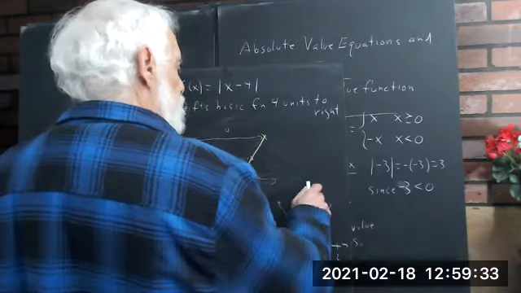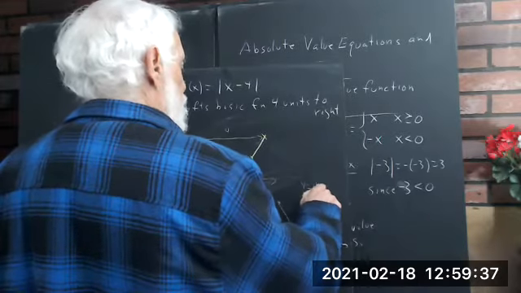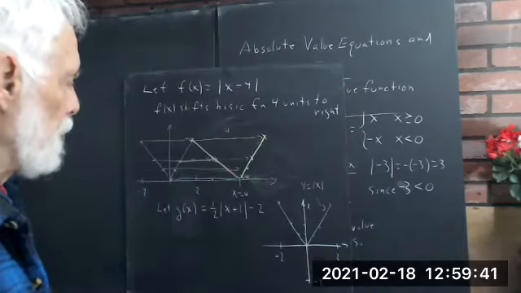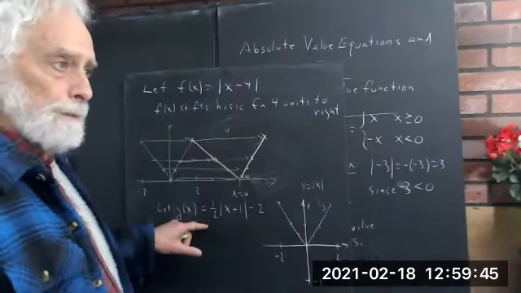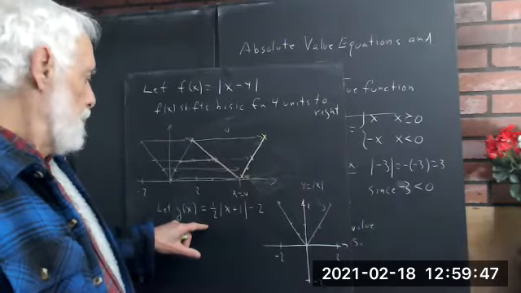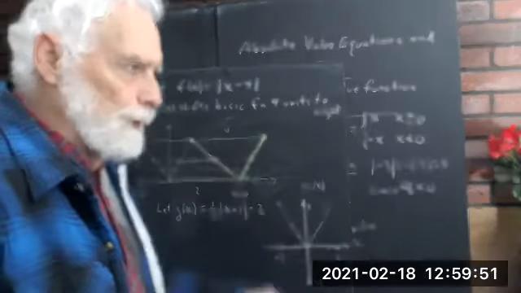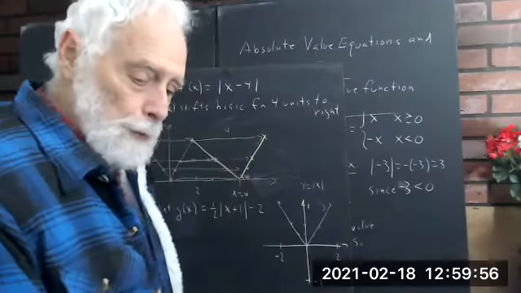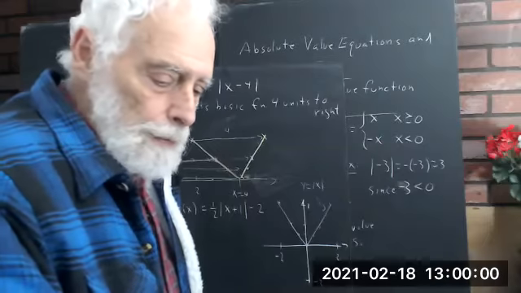So here's my basic function. Y equals absolute value of x. Now I have the 1/2 here. So I move all my points twice as close to the x-axis. The y values are all going to be half of what they were. So we have all the y values.